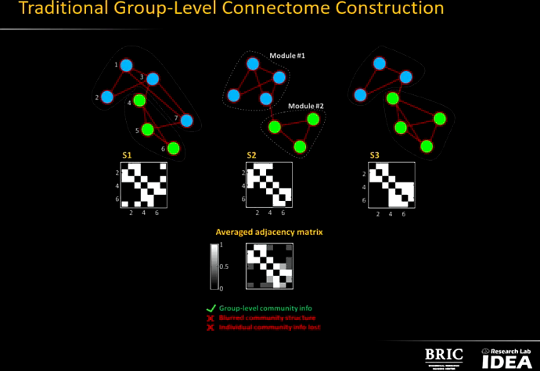Think about it: we have a very blurred functional connectivity matrix at the neonate stage, and a very blurred one at 1-year-old. Based on the blurred matrices, we can hardly detect the module development. Although it can show the group level community information, it is blurred and it loses the individual community information. So we cannot use such a method to study the individual variability.